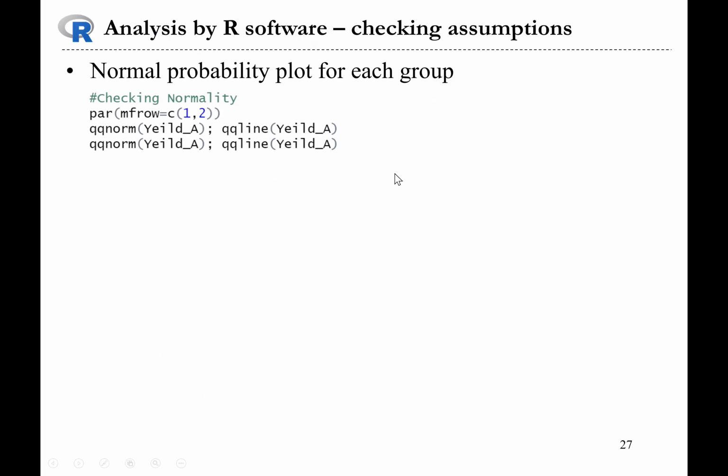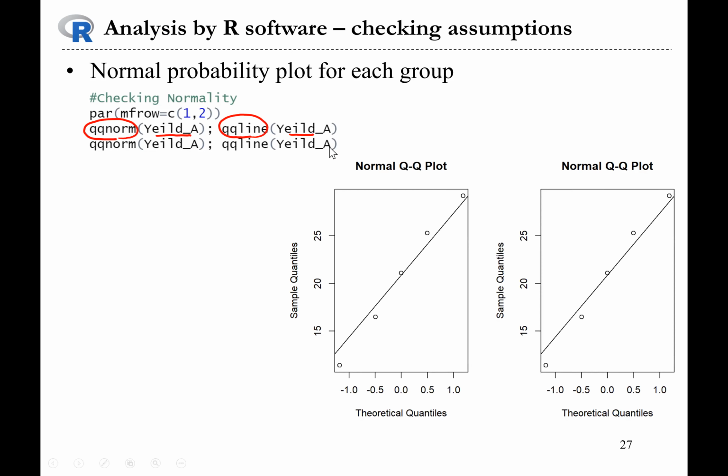So how do I graph the QQ plot? You use the qqnorm function, give the group of data, and then use qqline, give the data. Let's see the output. So this is the data for A. And the qqnorm function gave me these dots, these circles.